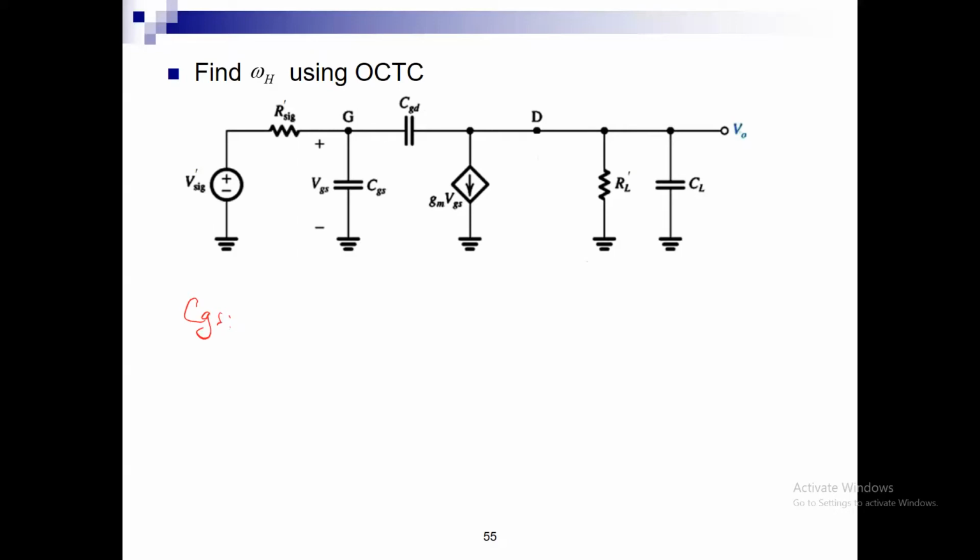So if I want to start with CGS, what does the rule tell me? Open circuit all other capacitors, and set the signal to 0. Right, so I will end up with, so CGS. Okay, let us first agree. CGS exists here in the middle.